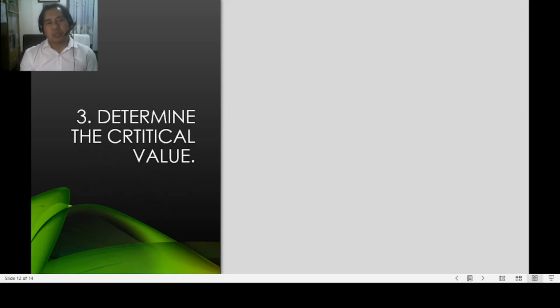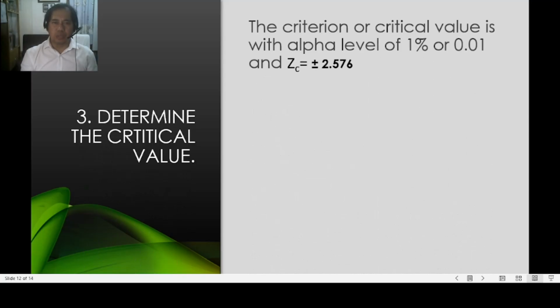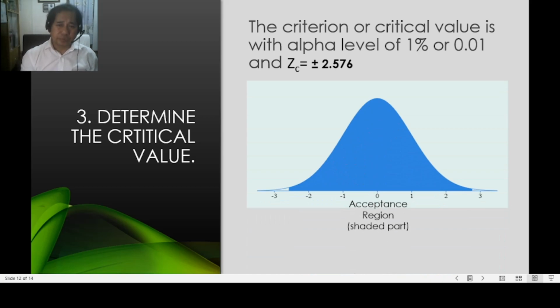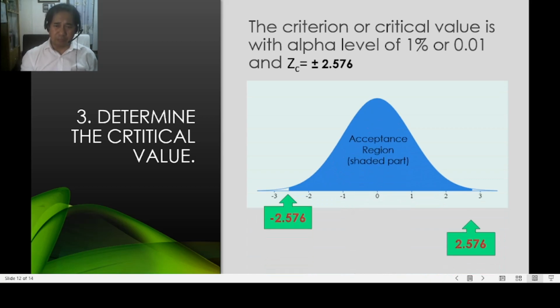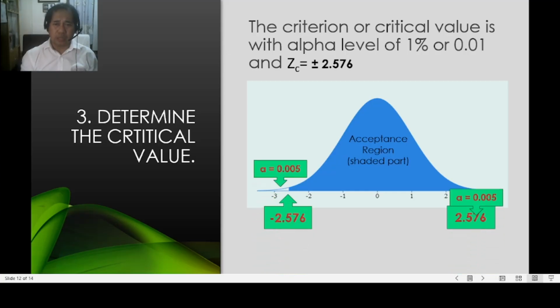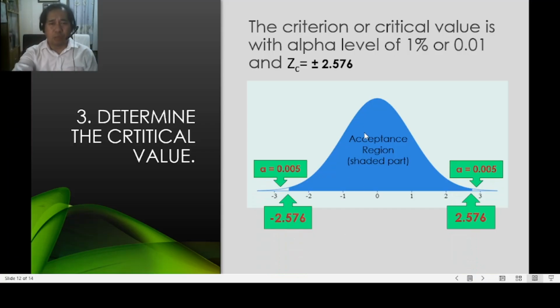Okay, step number 3, critical values. We have to set the criterion, and when we set the criterion or critical value, we also have to illustrate it in a curve. This is the one that I mentioned a while back. Remember that a while back we were talking about the critical values.